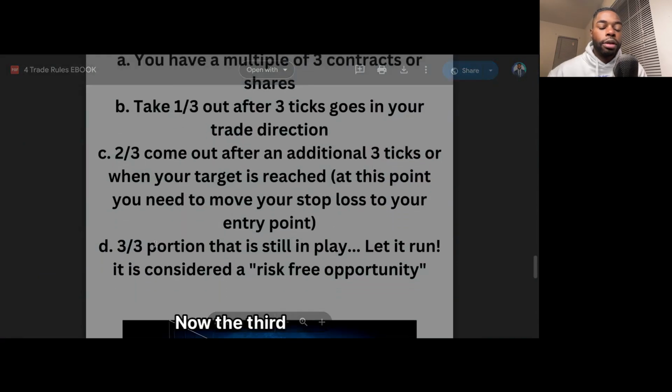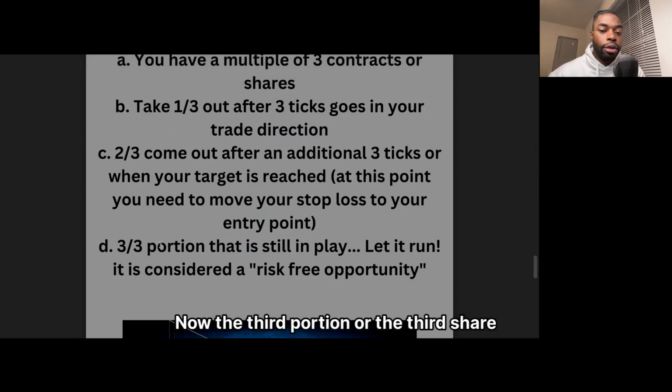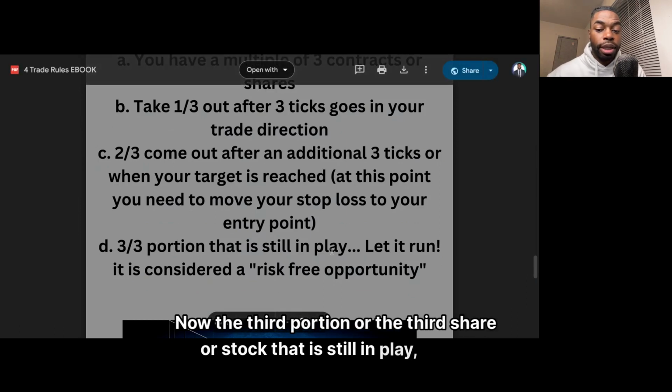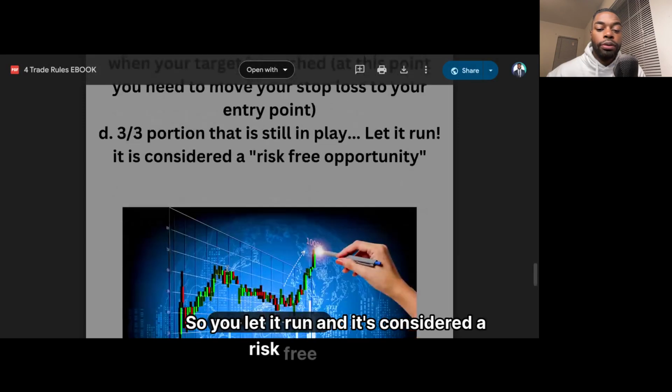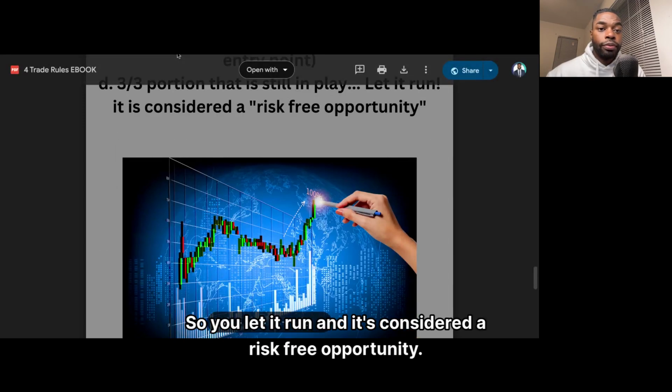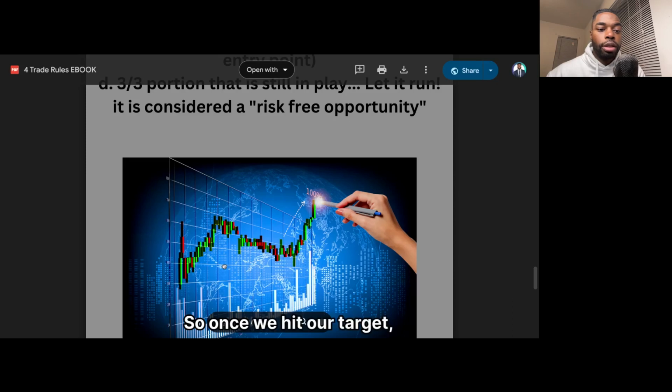Now the third portion, or the third share or stock that is still in play, this is your risk-free opportunity. This is your runner, so to speak. So you let it run, and it's considered a risk-free opportunity. Once we hit our target, so let's say that this was our target, this level right here.